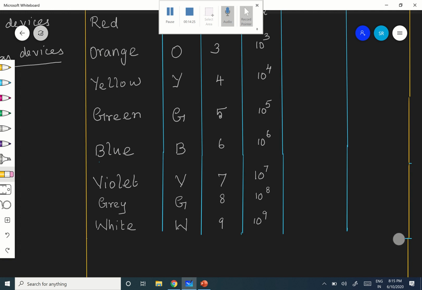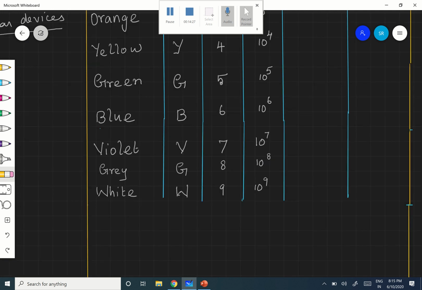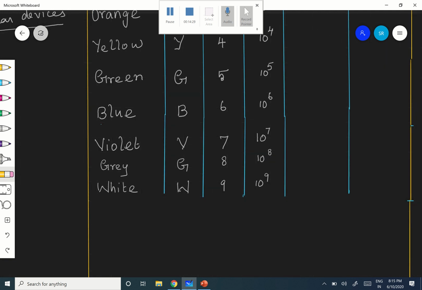So next to white is actually gold. Okay, gold G. For that there is no value, only a multiplier.